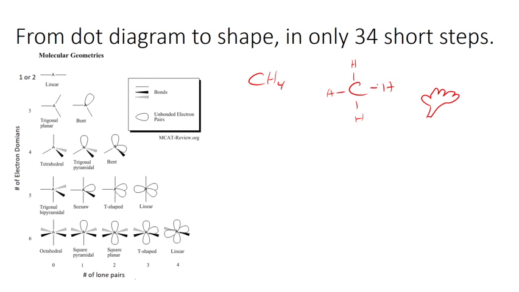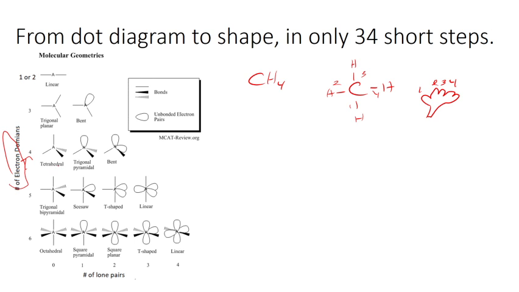So now, we can count the number of bonds or electron domains here, right? So here we have 1, 2, 3, 4 bonds, which are each an electron domain. Pretend that I'm counting on my fingers here. And so then when we figure out that we have 4 electron domains, we look here in the electron domains.